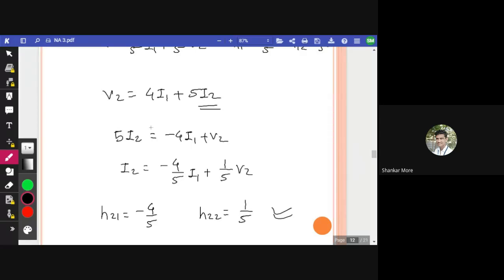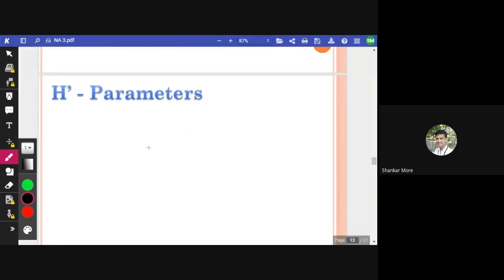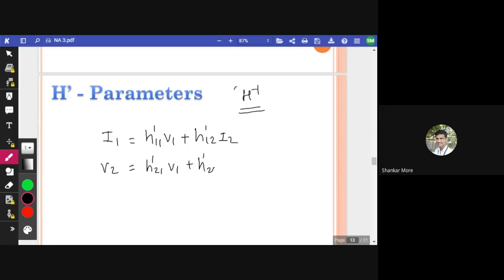Now next we have H inverse parameters. Okay, here it cannot be typed from the keyboard, so I have denoted it this way, but actually it should be like this: H inverse. Okay, H inverse parameters. So how will H inverse parameters be? H inverse parameters will be in this form, with I1 and V2 as the dependent variables: H11 dash V1 plus H12 dash I2 is equal to H21 dash V1 plus H22 dash I2.